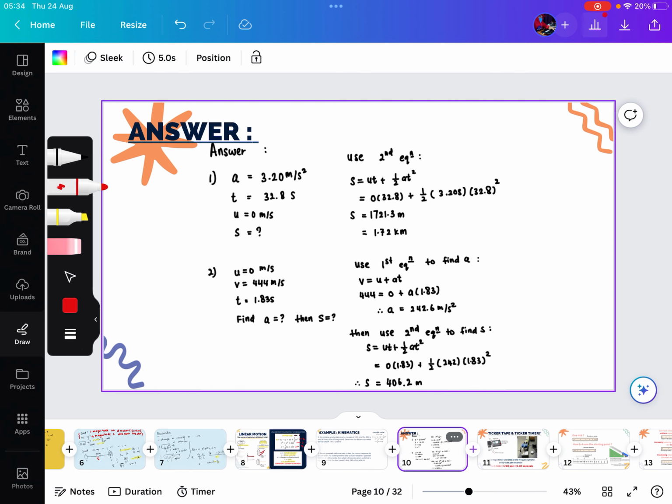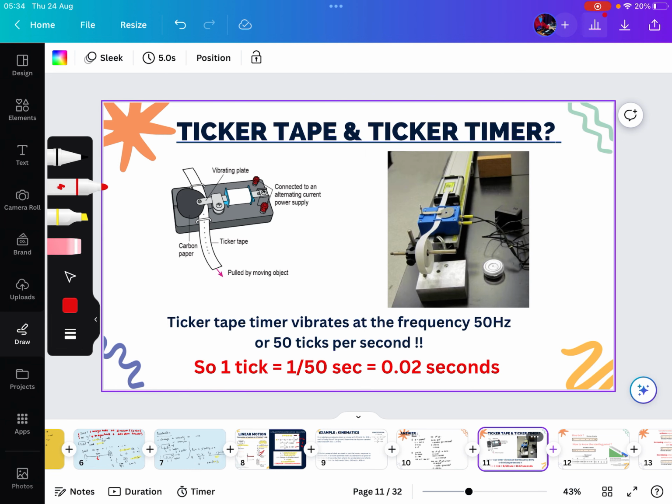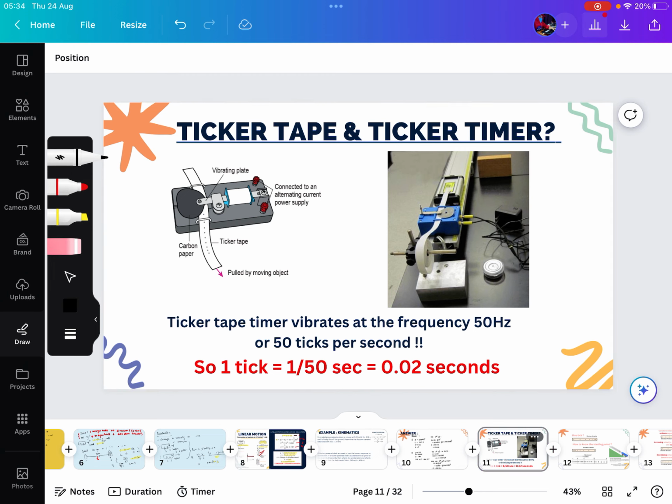Let's talk about ticker tape and ticker timer. The ticker timer is an apparatus to measure velocity and also acceleration of a moving car, a toy car in this case. How it works is that the ticker timer vibrates at a certain frequency, usually indicated in your textbook as 50 hertz.